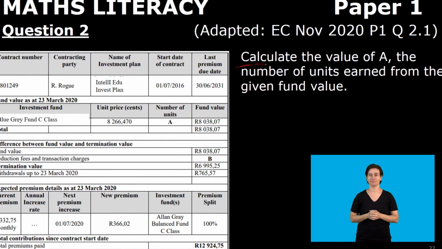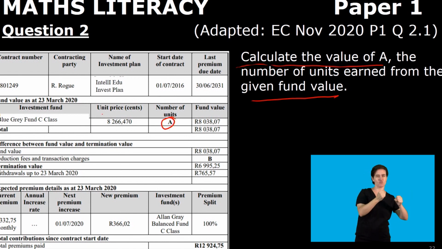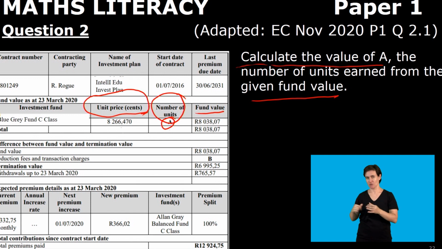What did I say? Calculate the value of A, the number of units earned from the given fund value. So A is here, and it's going to be the blue-grey fund class. Now we need to go and see what they did in that line. They gave us the unit price, then the number of units, and then the fund value, meaning they took the unit price and multiplied to get the number of units to get the fund value.